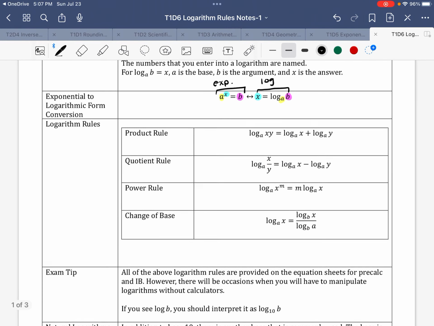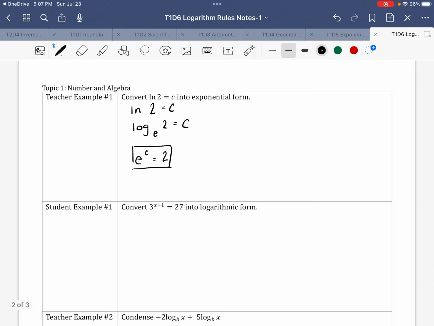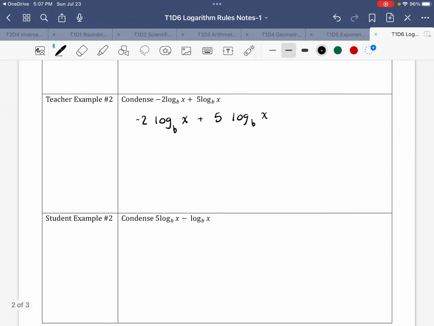If we look at our power rule, when we have that coefficient out in front, we can also rewrite it as x to that coefficient's power. So I'm actually going to rewrite this as log base b of x to the negative second power plus log base b of x to the fifth power. And this is using our power rule.